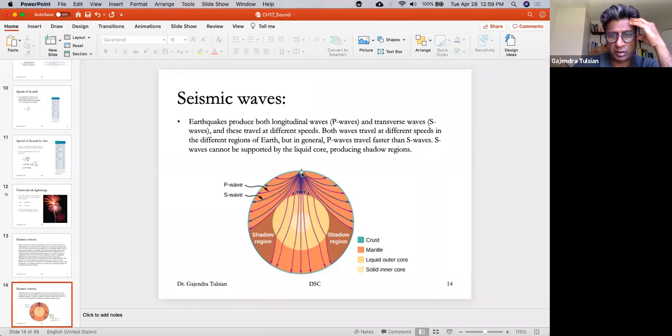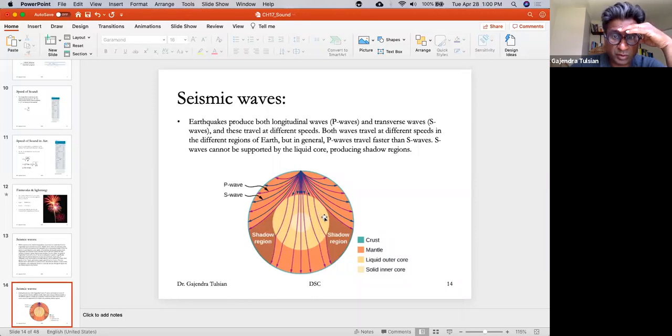So here's an earthquake that occurred here, and all those earthquakes were determined by seismometers around the earth. So from the data collected in seismometers all around the earth, you can reconstruct the path and then calculate the properties of the materials. Okay, so for instance, we know that the outer core is liquid, and S waves, transverse waves, cannot travel through liquid, so only P waves travel through liquid.